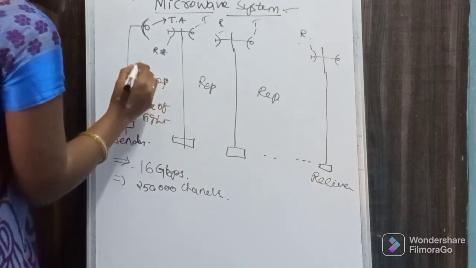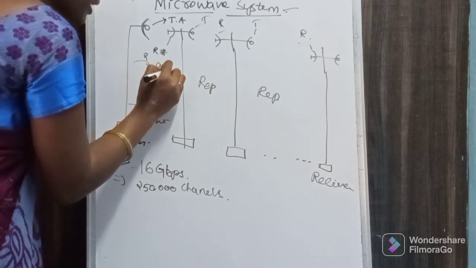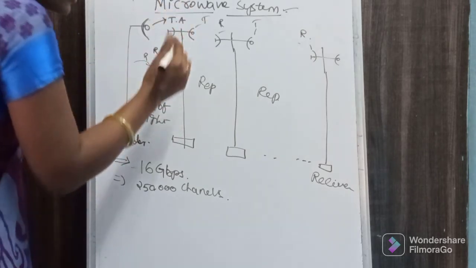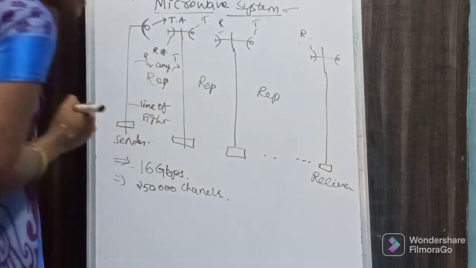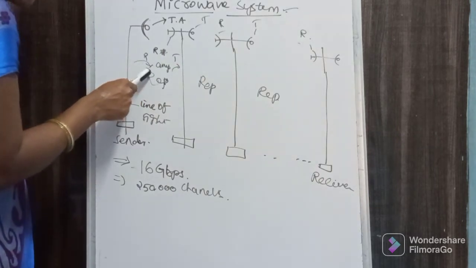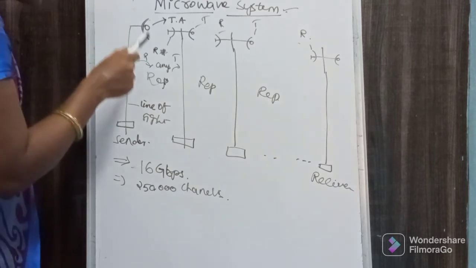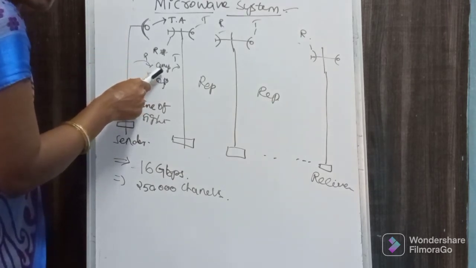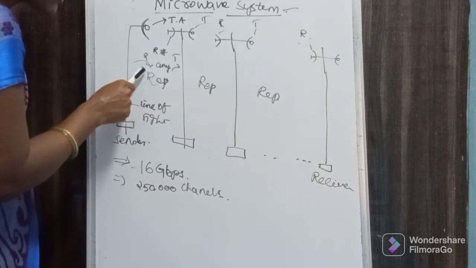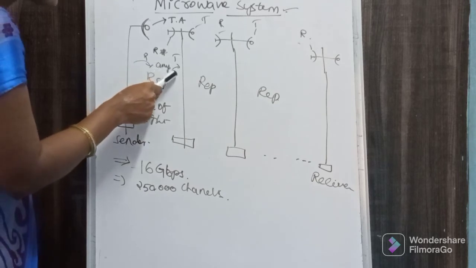So this repeater receives the signal and amplifies it. That means it increases the strength and transfers it to another repeater. So what is the repeater's task? It receives the signal from the radio station, the transmission node here, then amplifies it. Amplifies means it takes the received signal, increases its strength, and transfers it.